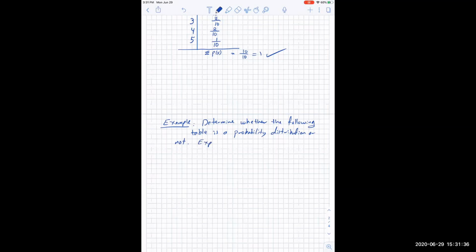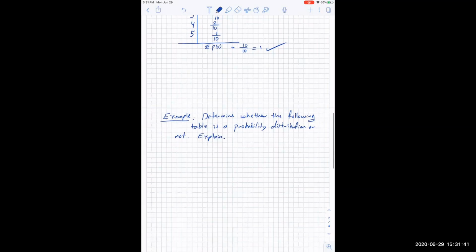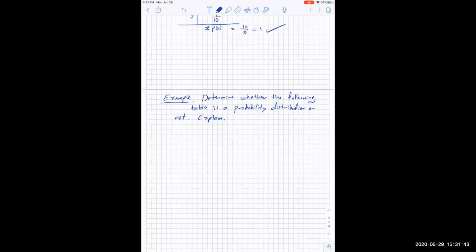Explain. In this example, I'm going to give you a table and then you decide whether it is a probability distribution or not.